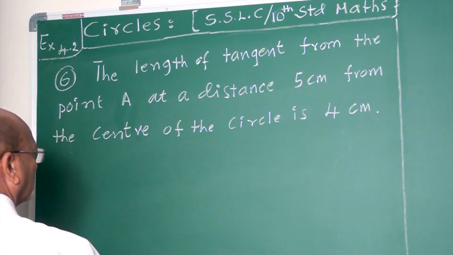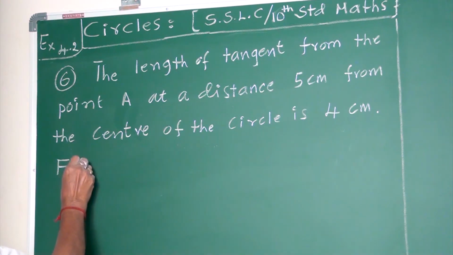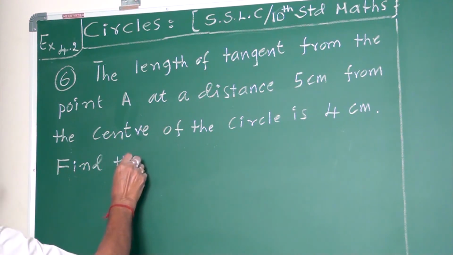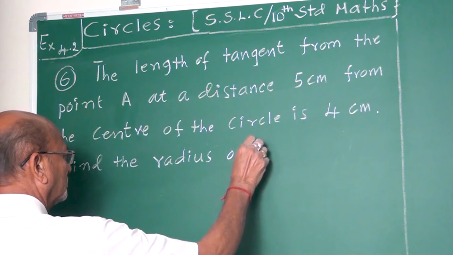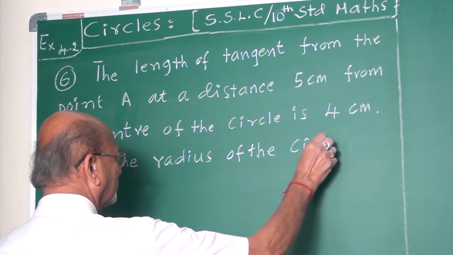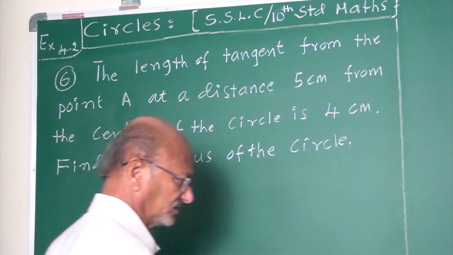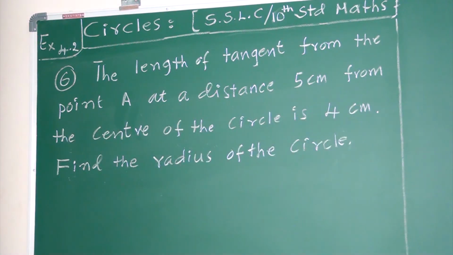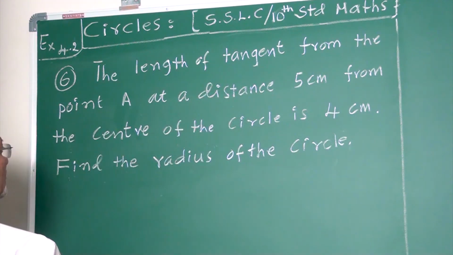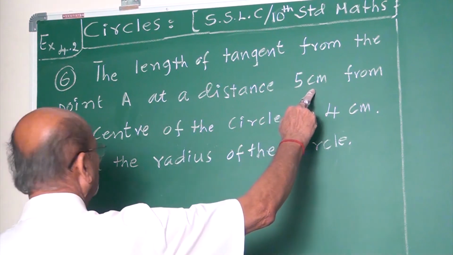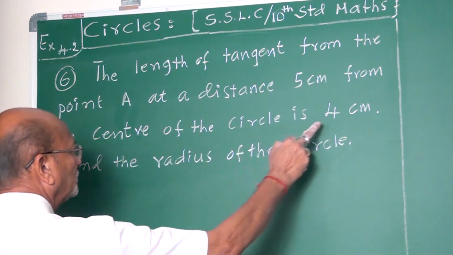Find the radius of the circle. Yes, friends, read it. The length of tangent from the point A, which is at a distance 5 centimeters from the center of the circle, is 4 centimeters.